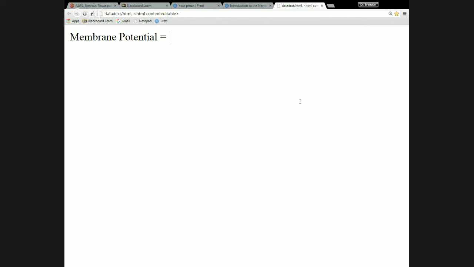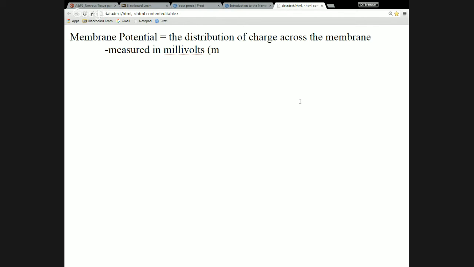Now, a definition of the membrane potential is the distribution of charge across the membrane. This is measured in millivolts, which is abbreviated, of course, lowercase m, capital V.